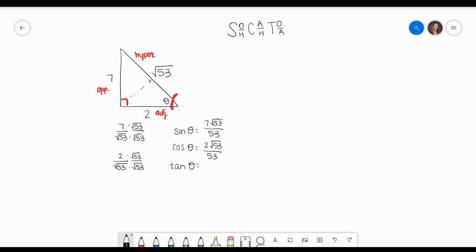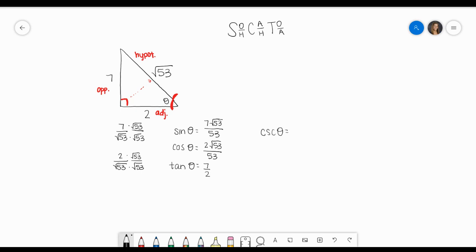And then last but not least, we have our tangent, which is always going to be opposite over adjacent. This is a little nice because if we look at both our opposite side and our adjacent side, notice neither of them have square roots, so that's good. So 7 over 2. Now, our 3 new trig ratios are these reciprocals. So the reciprocal of sine is cosecant.